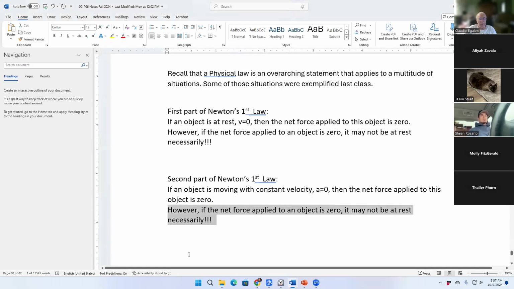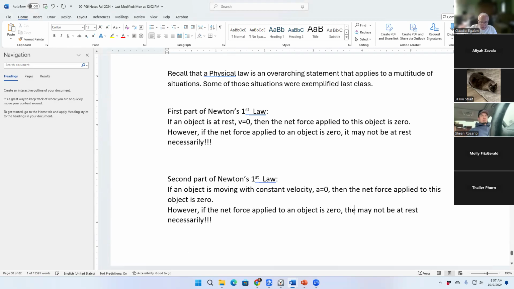And don't forget, however, if the net force applied to an object is 0, the object may not be moving with constant velocity necessarily.